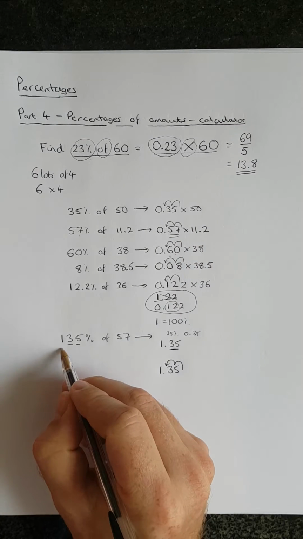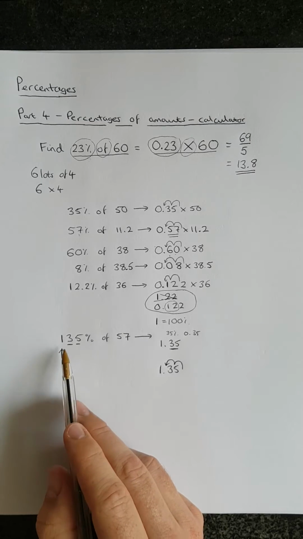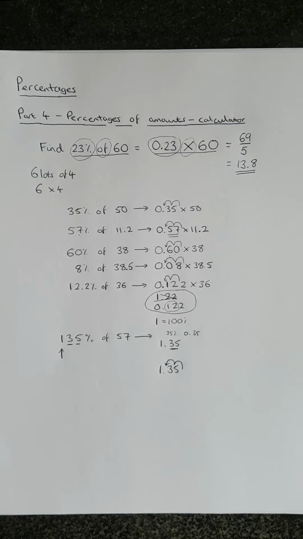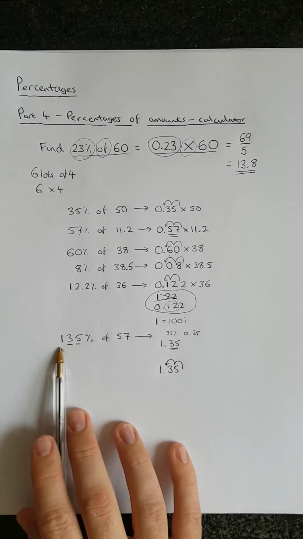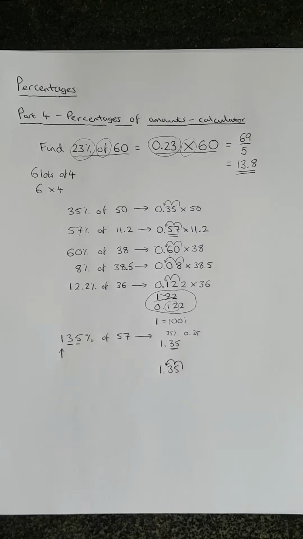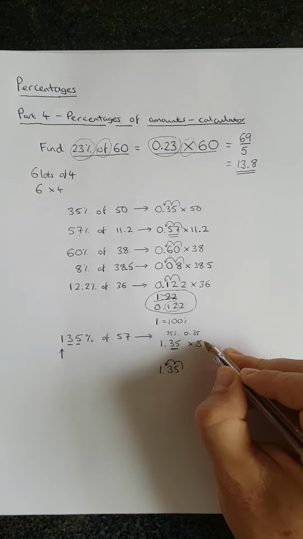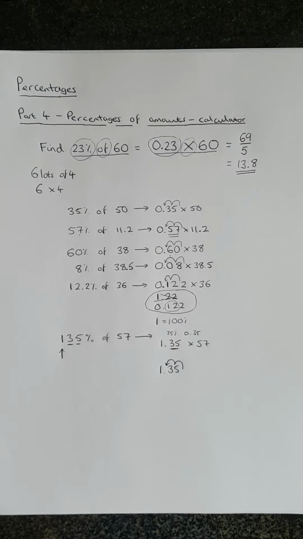The other thing to look out for is the 100 at the start there. 100% is worth 1. So we know this number is bigger than 1. So it's 1.35 multiplied by 57.